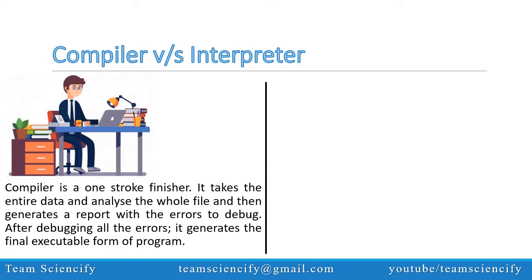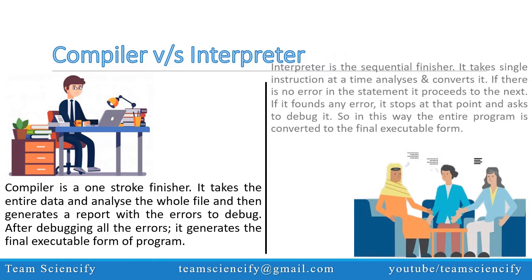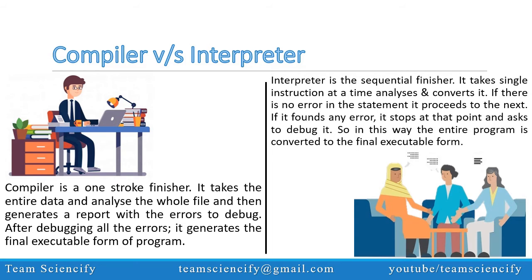On the other hand, an interpreter is a sequential finisher. It takes a single instruction at a time, analyzes and converts it. If there is no error in the statement, it processes the next. If it finds any error, it stops at that point and asks to debug it. In this way, the entire program is converted to the final executable form.